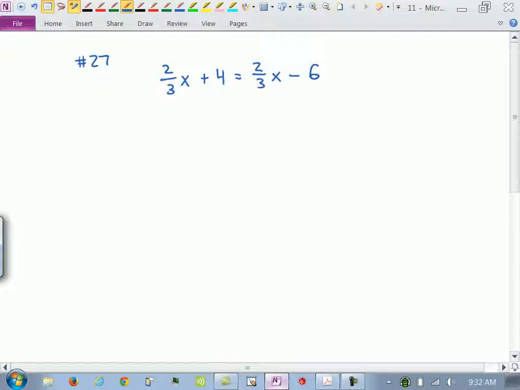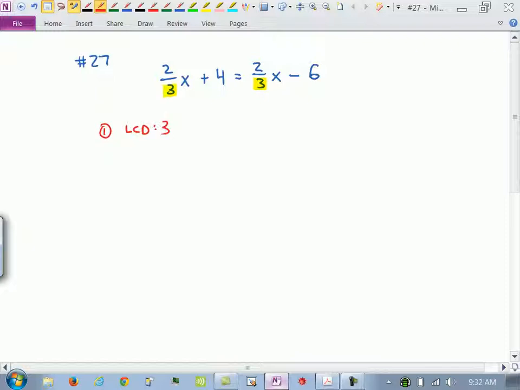We don't have parentheses, but we have fractions, right? So let's clear fractions. To do that, we look at all the denominators. In this case, we only have 3 as our denominator. So our LCD will be 3. So my first step was to find that I have an LCD of 3.